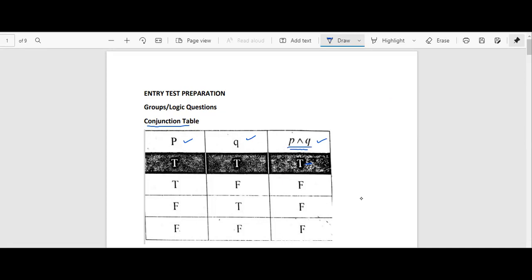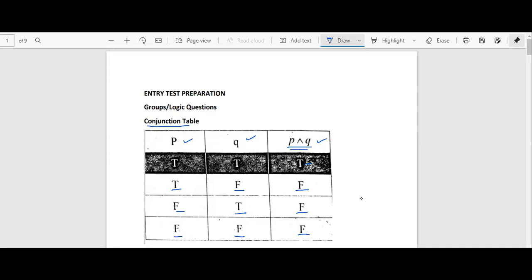This third statement is going to be true if both P and Q are true, right? Then the statement can be false if Q is false and P is true. And again, it would be false if P is false and Q is true. And it would be false again if both of these are false.